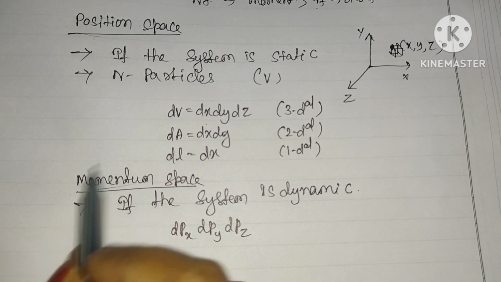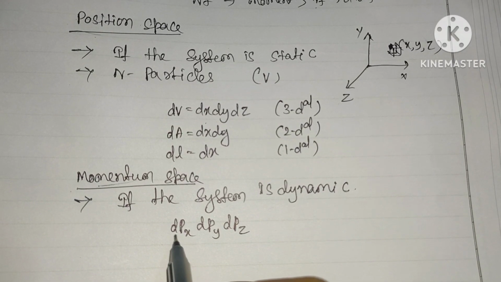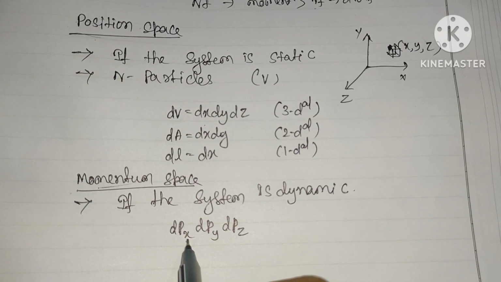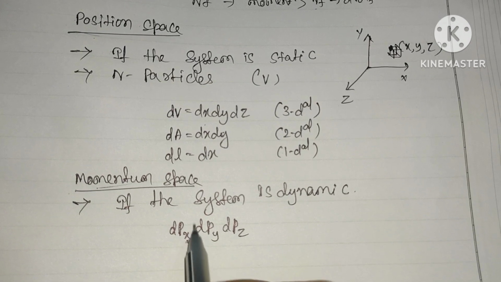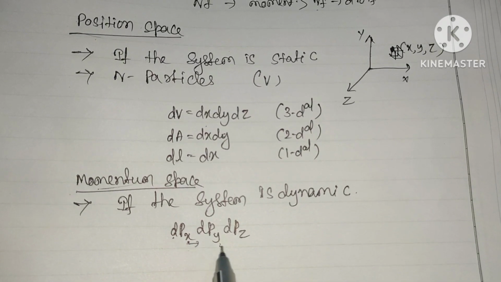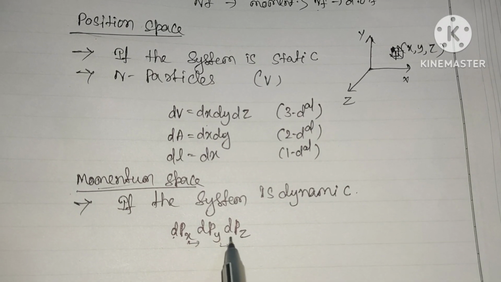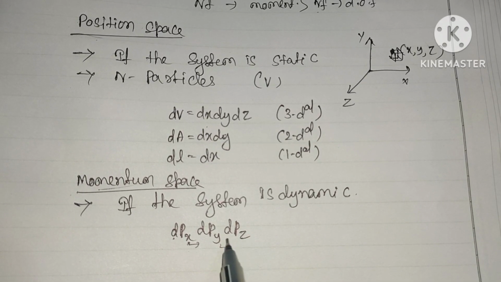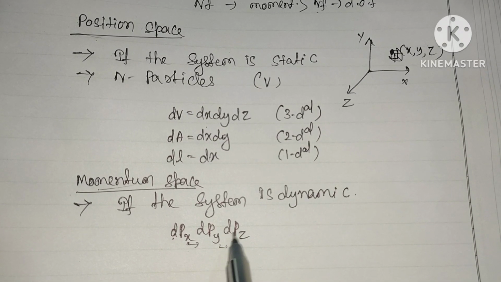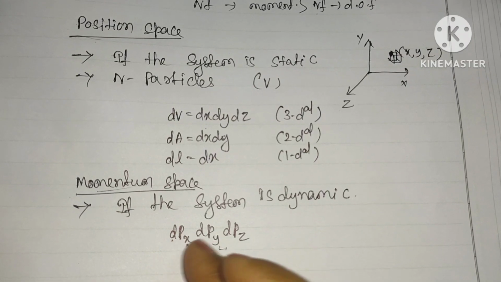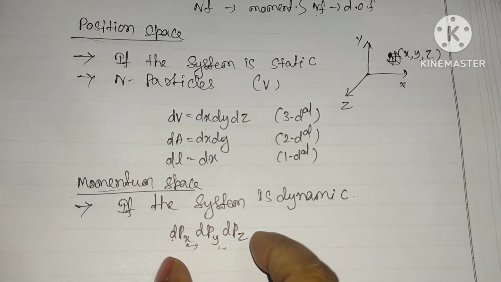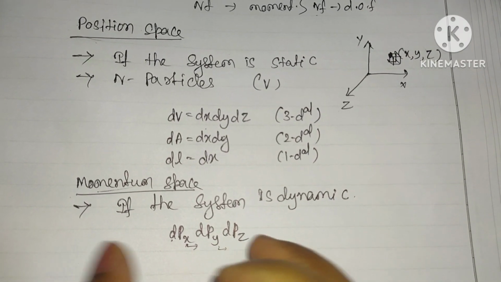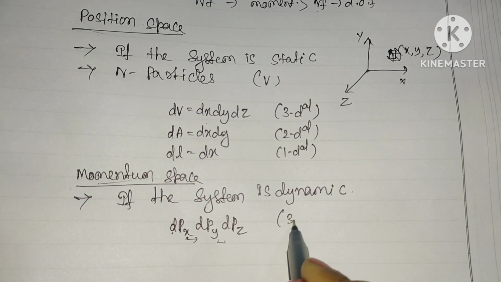In the momentum space, I am writing the same way: dpx, that is the linear momentum along the x-axis, dpy along the y-axis, and dpz along the z-axis. This is the change in momentum. So dpx, dpy and dpz represent the momentum space in the three-dimensional system. This is for your three-dimensional system.